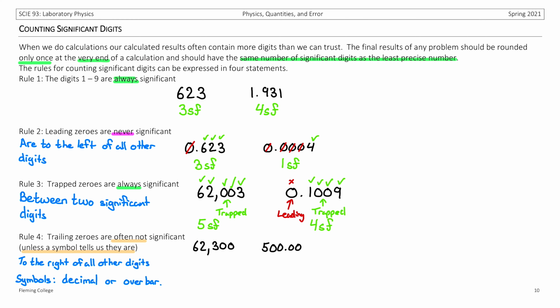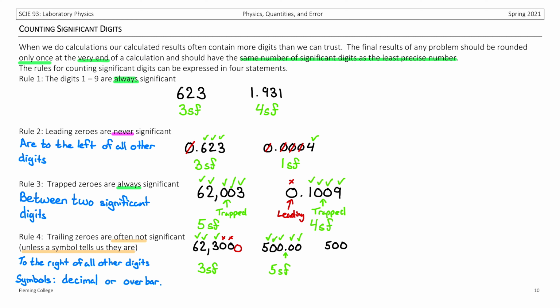What about the example 500.00? Well, the 5 is a significant digit, and the 4 zeros are to the right of it, and a decimal place is present, so all 4 of them are significant. This value has 5 significant figures. What about 500? Again, the 5 is significant.